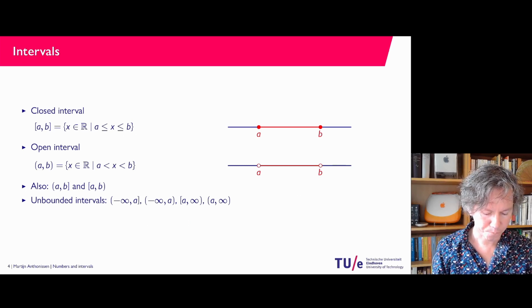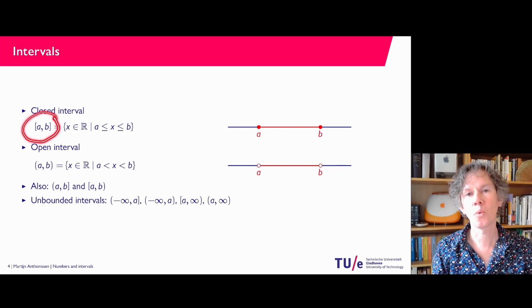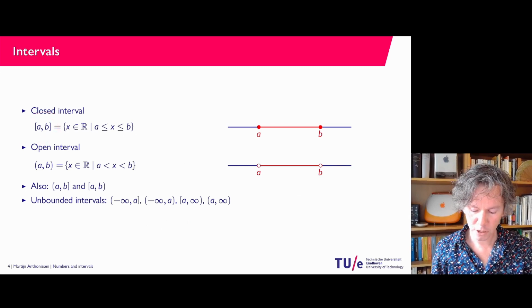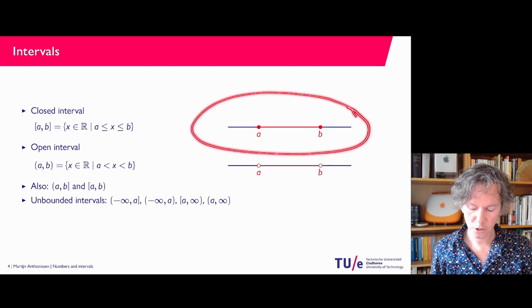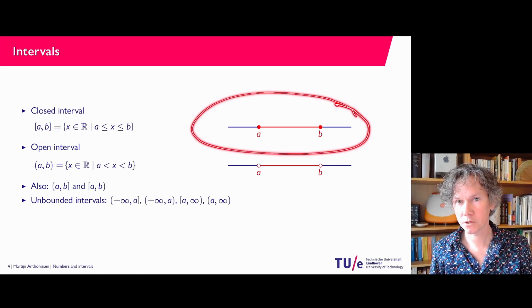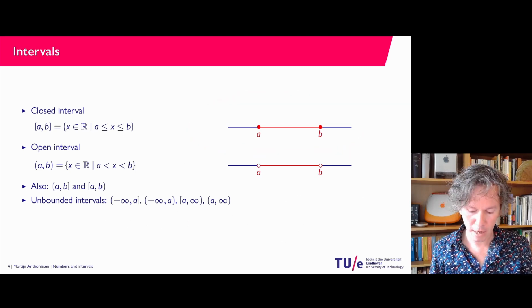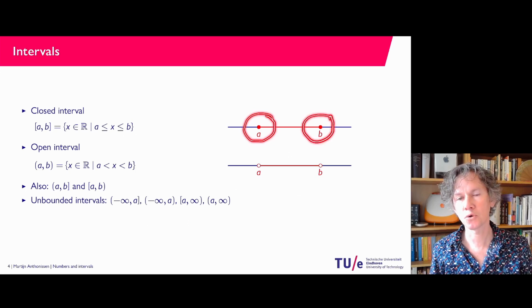So here, what we have, this notation here, so I have square brackets and then two numbers a and b. What this means, let's first look at the picture here. So it is a part of the real axis. It is all the numbers in between a and b. And because here those endpoints are filled circles, it means that a and b are also in the collection.